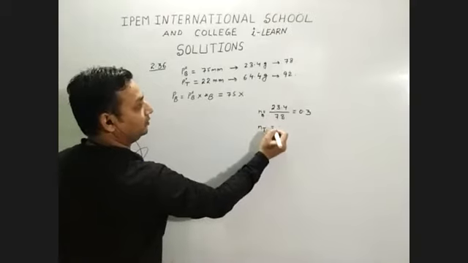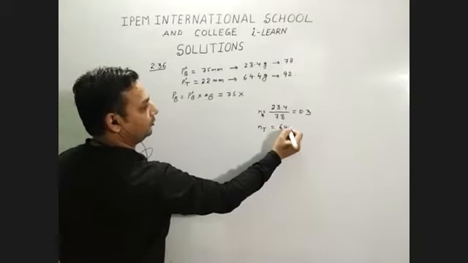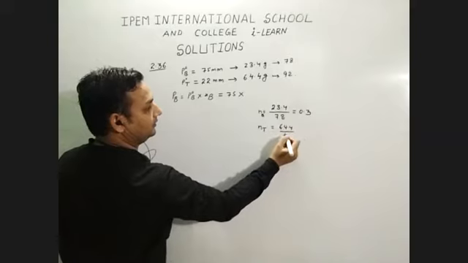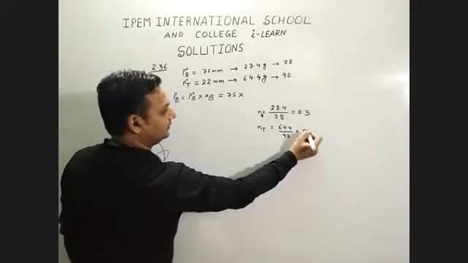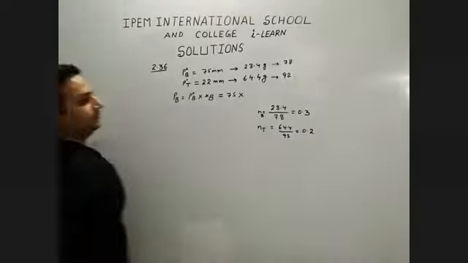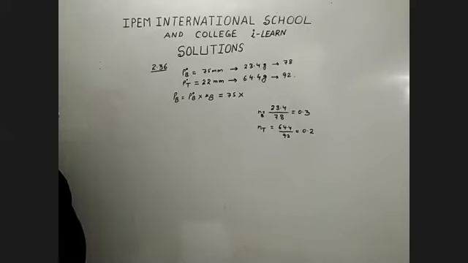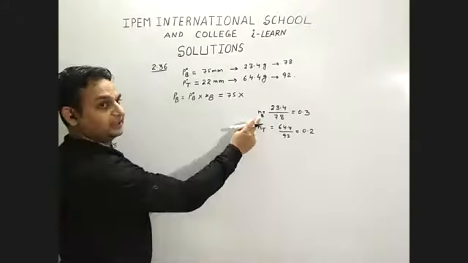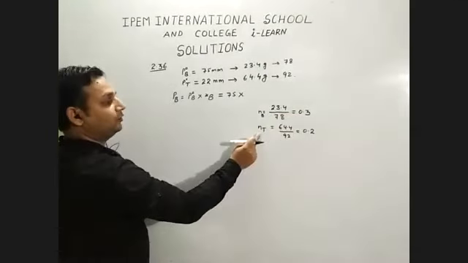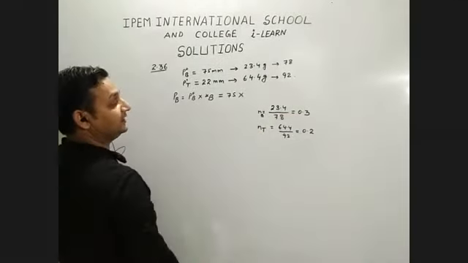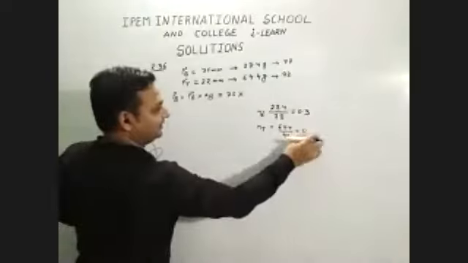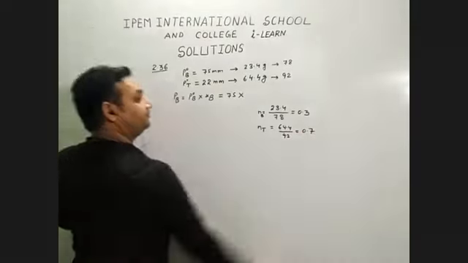For toluene, 64.4 divided by 92 is 0.7. That is the number of moles.